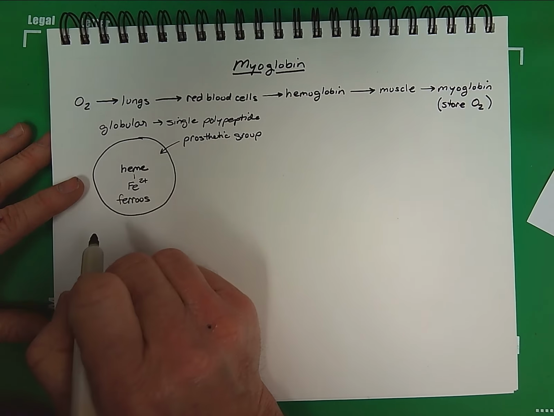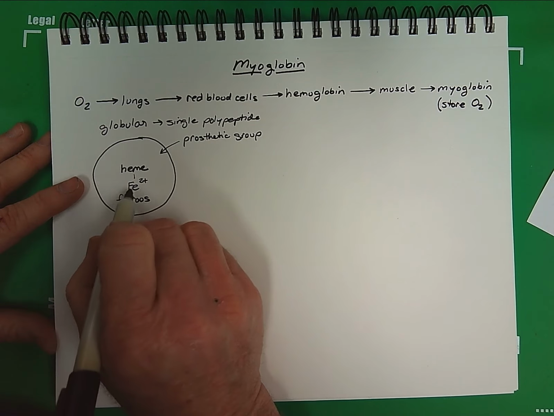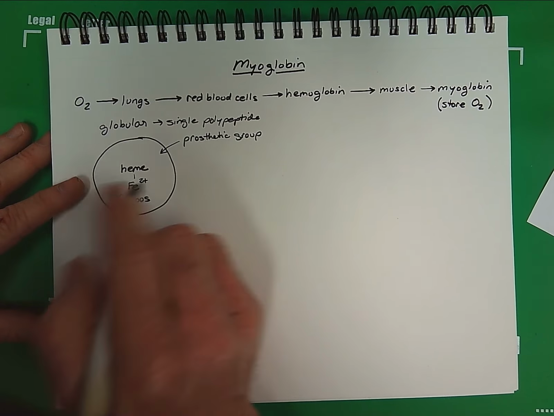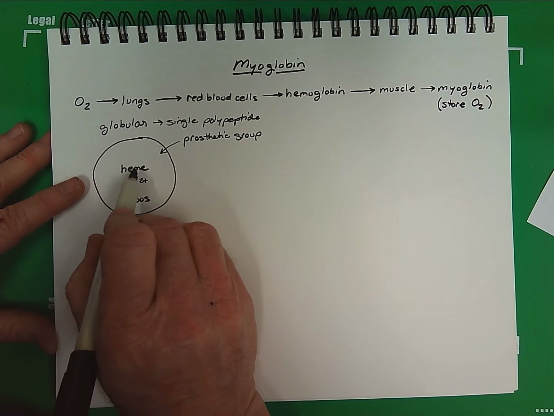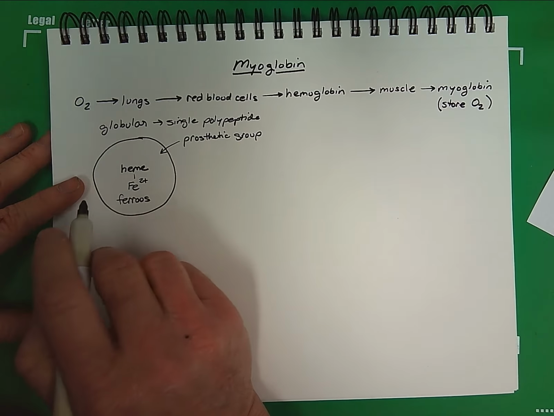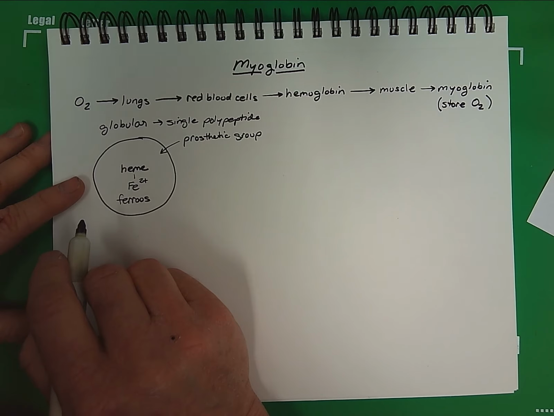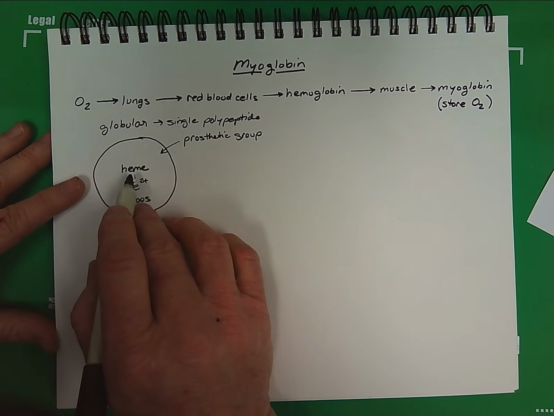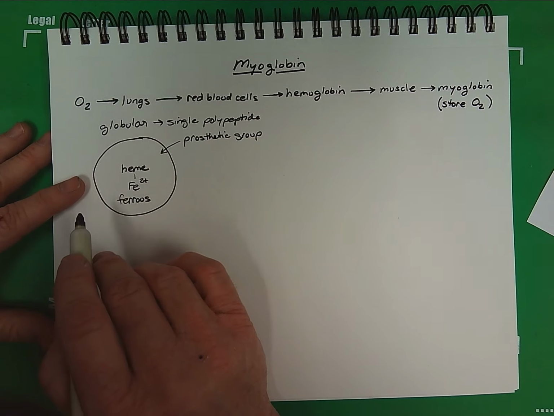In the 3+ state, it is ferric iron. In the 2+ state, it is ferrous. So it is actually the iron that is bound to the heme that is going to bind the oxygen. The myoglobin itself is just a structural component of protein that is able to bind the heme and coordinate the oxygen binding.